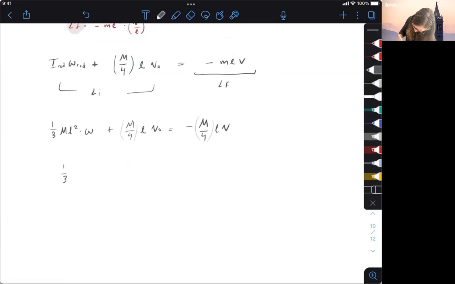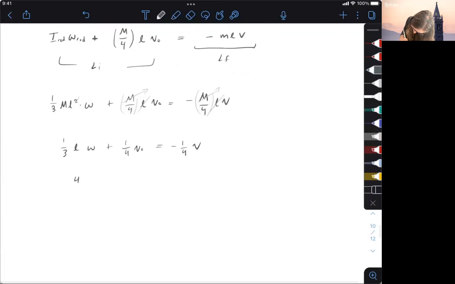Let's cancel some of the L's. 1/3 L W plus, so I'm just taking out the M's. And I'm going to cancel this L, and then this L squared. Plus 1/4 V naught equals negative 1/4 V. So multiply everything by 4, and then we're going to have 4/3 LW plus V naught equals V.